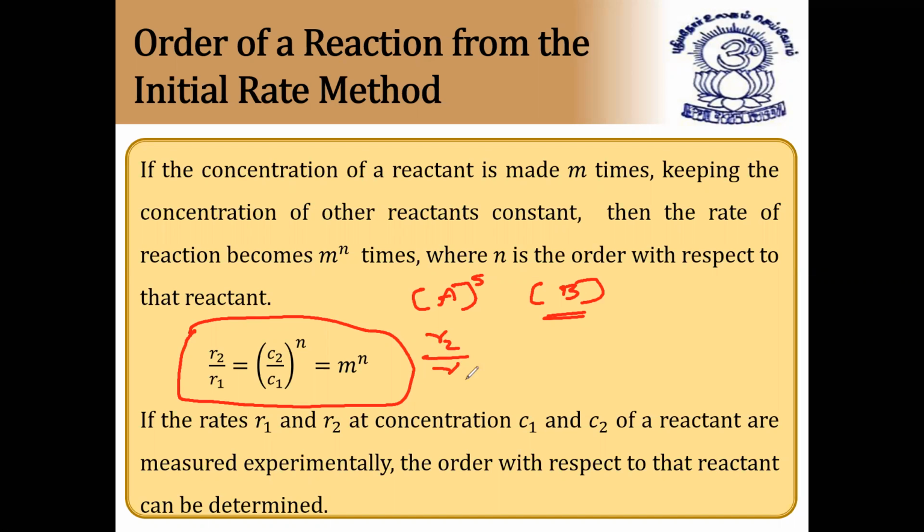R2 by R1 is equal to C2 by C1, whole to the power of n, that is 5 times, equal to m to the power of n. So like that you get. So this is called what?